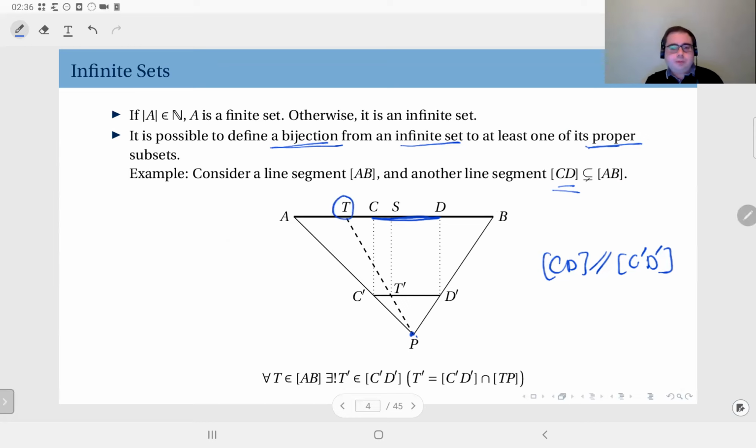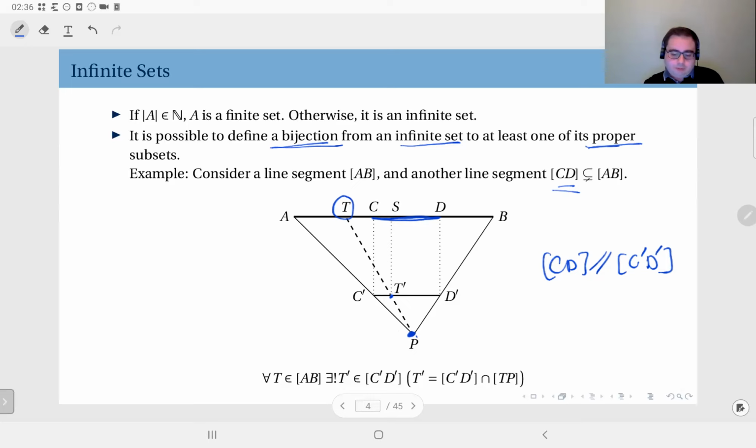It doesn't have to be to the left of C, doesn't have to be to the right of D, doesn't have to be on CD, it could be anywhere at all on AB. Now take this point and connect it to point P and mark the point where it intersects with C prime D prime and call this T prime.